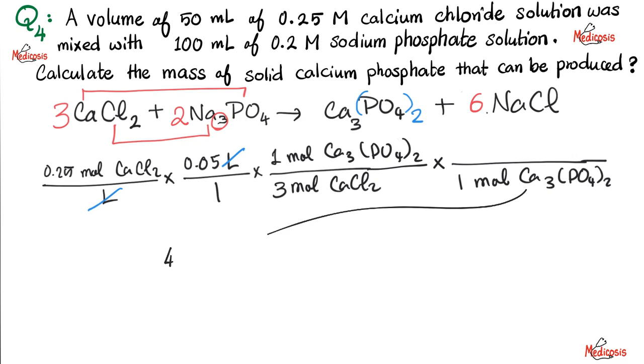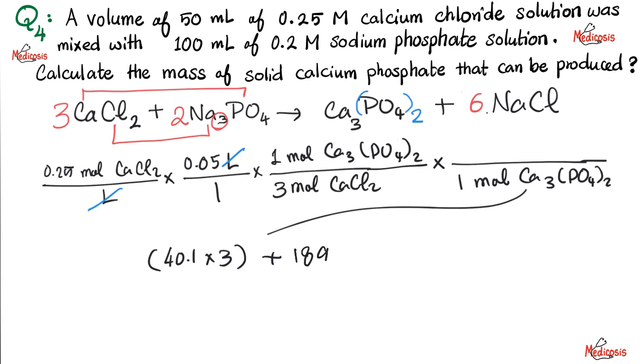Calcium is 40.1, and we're going to multiply this by 3. Plus, each oxygen is 16, times 4 is 64. Phosphorus is 30.97. Add that to the 64, and you get 94.97. Multiply all of this by 2, and you get 189.94.